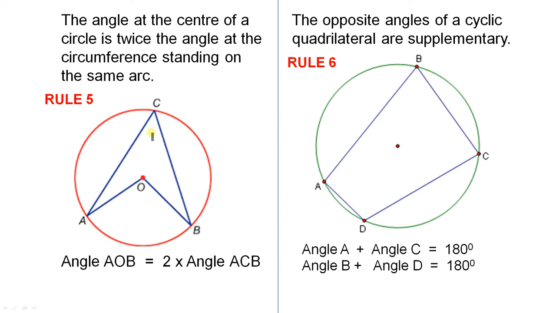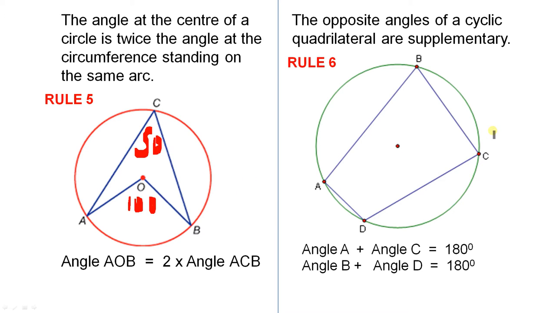That's really all that it means. So, for example, if that's 100 degrees, that's 50 degrees. Excuse the writing, I'm not quite used to writing with this, but you've got the idea. That's a very important rule too, and it comes in handy when we're solving quite a few problems.